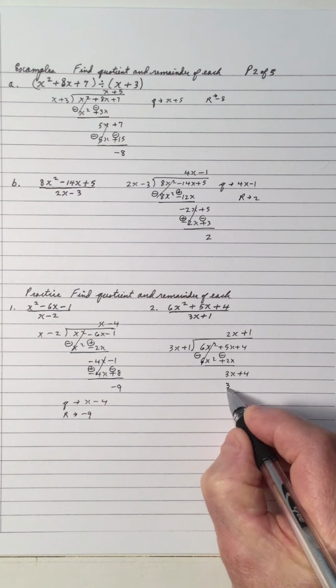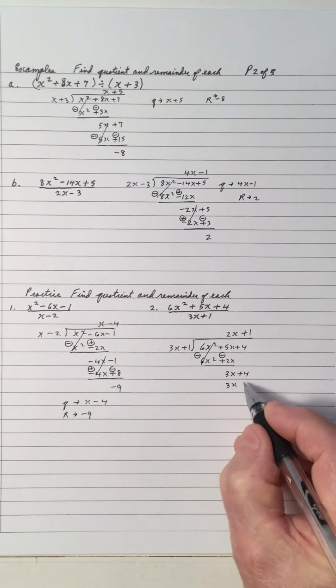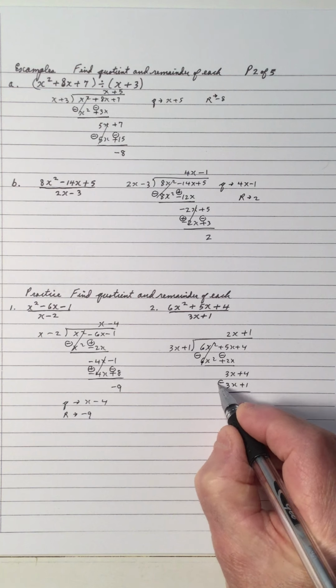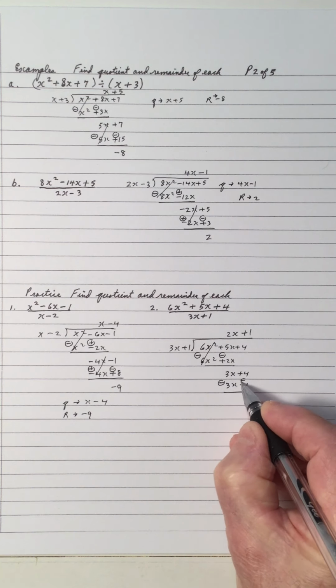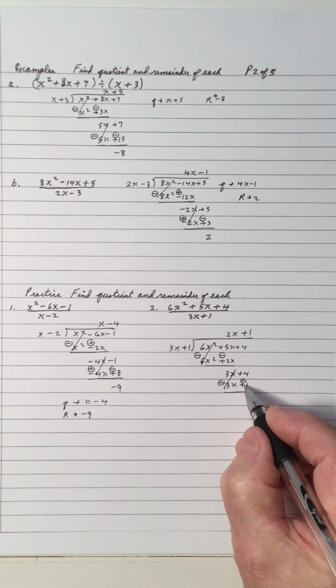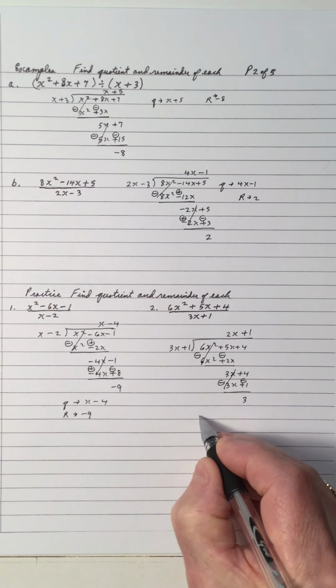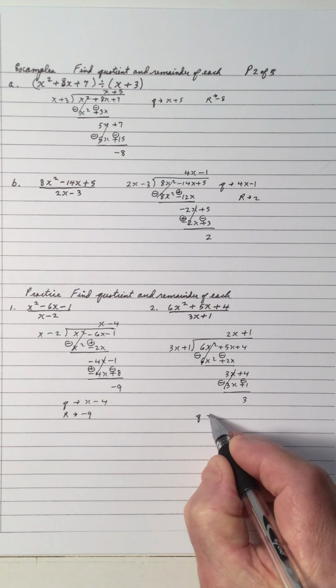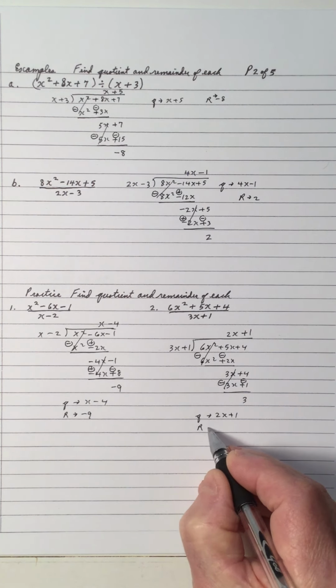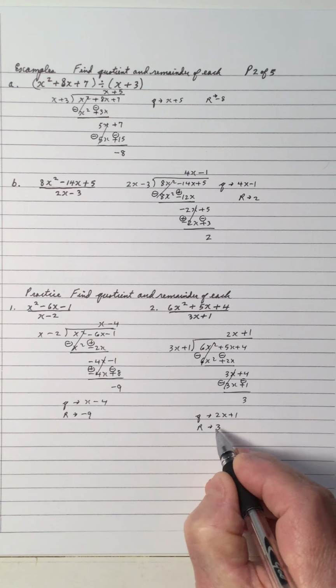Multiply back. 3x plus 1. Change the sign, that's a negative. And that's a negative. 3x subtract 3x cancels. Plus 4 minus 1 is a 3. So the quotient is 2x plus 1. And the remainder is 3.